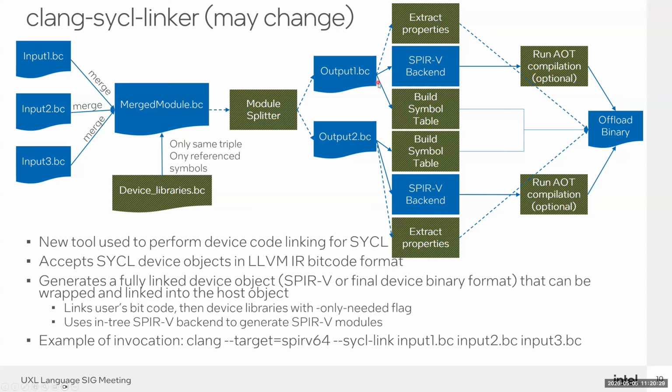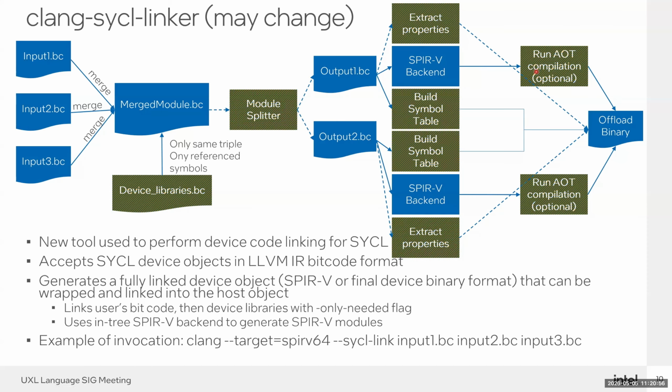And also we build a symbol table for the symbols which we want to expose from each module. So if ahead of time compilation is needed, then the SPIR-V output goes into some device specific ahead of time compiler.